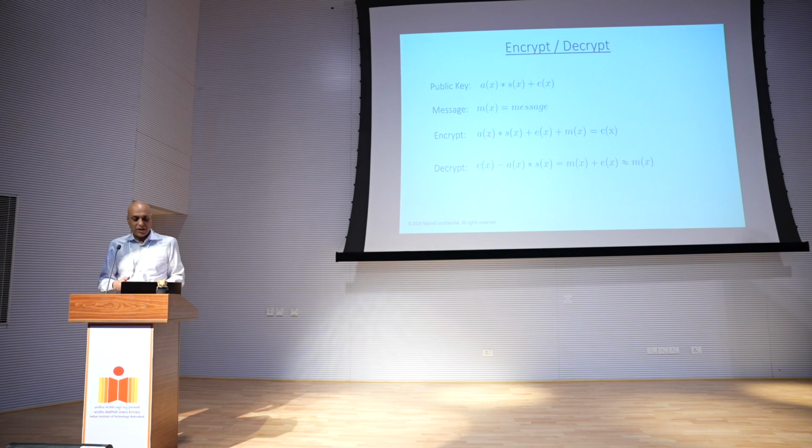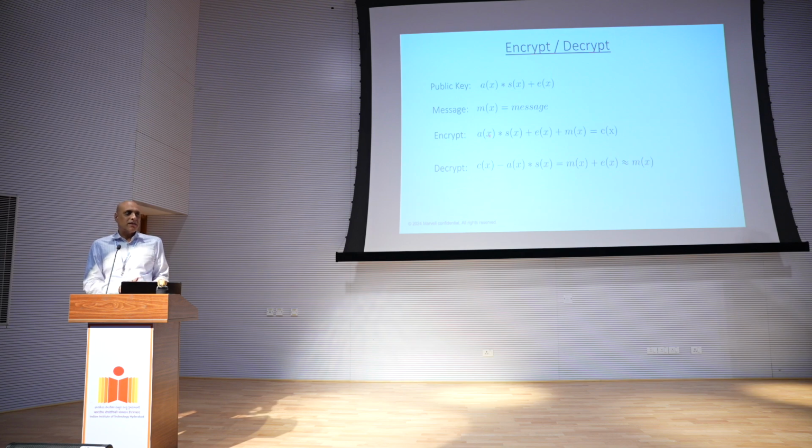Now, if I want to decrypt that, I happen to know what the secret key is because I'm the data owner. That's my secret key. And this polynomial a of x is a public polynomial. So I simply construct the secret mask, I subtract it from the ciphertext, and I get the message plus the error term.